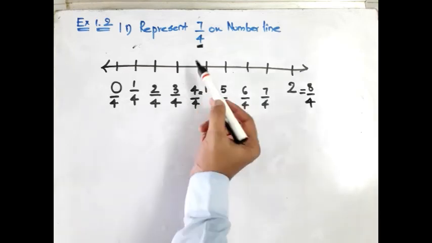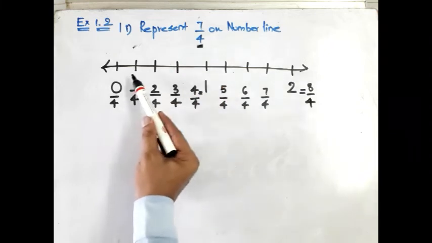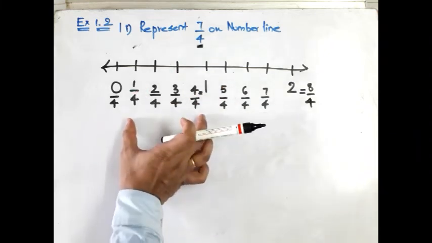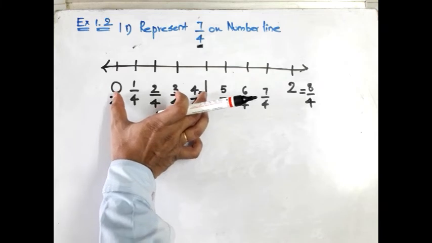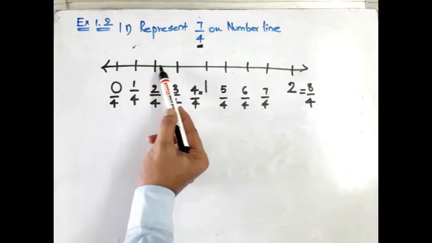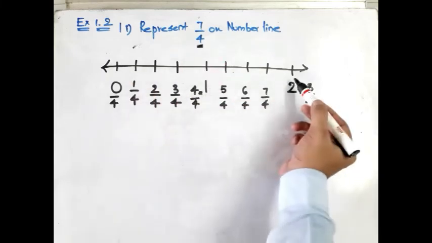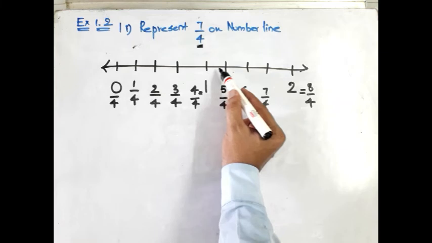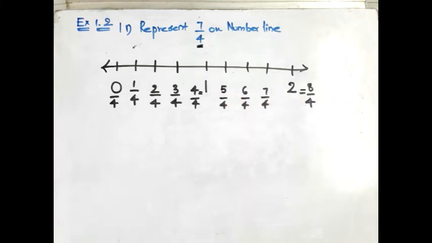Once again I am repeating, look, the denominator always indicates into how many divisions the unit length should be divided. So the first unit we will find at 0 and 1. Here we have 4, so 1, 2, 3, 4 equal divisions were made. Next, in between 1 and 2, observe here, 1, 2, 3, 4 equal divisions were made.